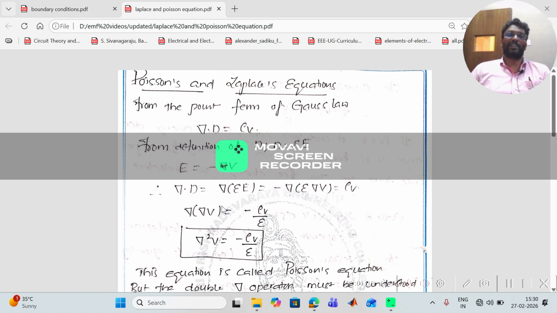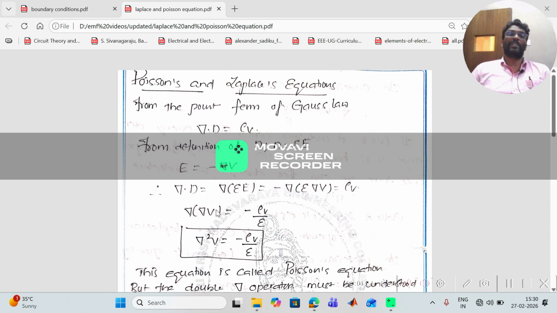From the definition of electrical flux density and the relation between D and E, we can write D is equal to epsilon E. So we know the relation between electrical field intensity and potential, E is equal to minus del V. So we can write in place of E as minus del V. So del dot D is equal to divergence of, in place of D we can write it as epsilon E, which is equal to, in place of E we can write it as again minus del dot epsilon del V, which is equal to rho v.